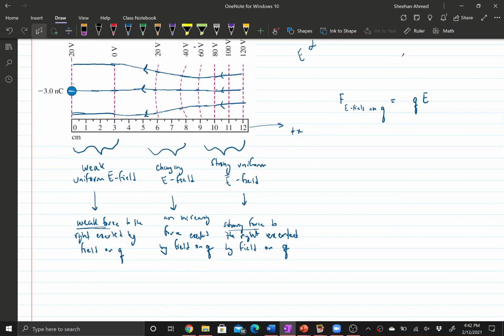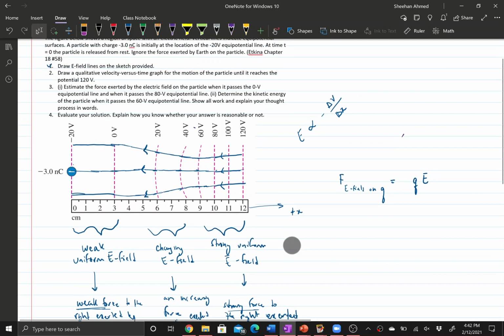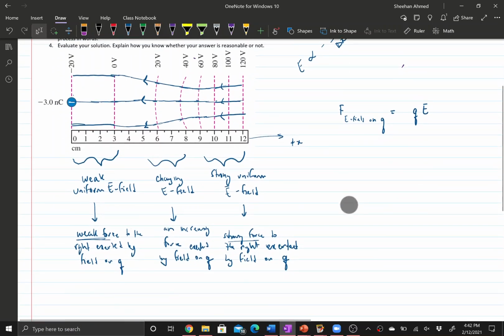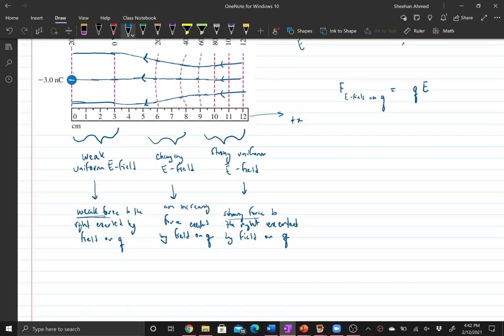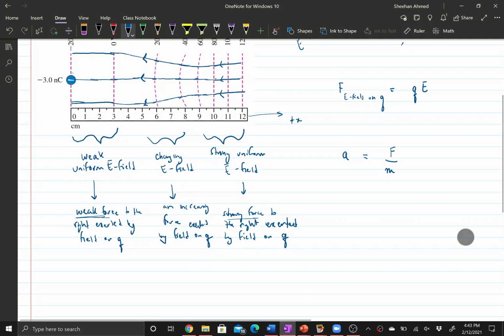Okay, well, we have to figure out the velocity versus time. Well, we're at force now. How can we eventually relate force to velocity? Well, we know that acceleration is proportional to the force exerted on a body divided by the mass of the body. Since the object is our charge, the mass stays the same.